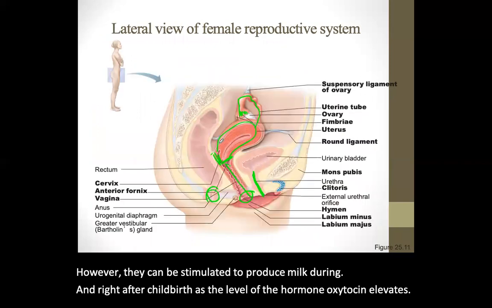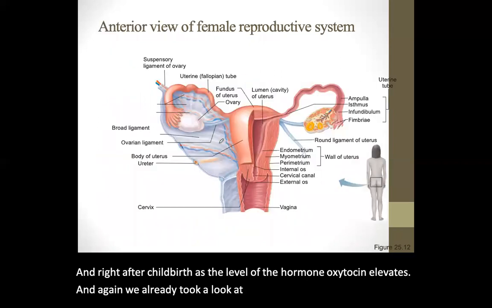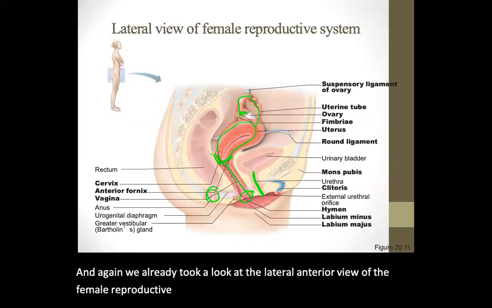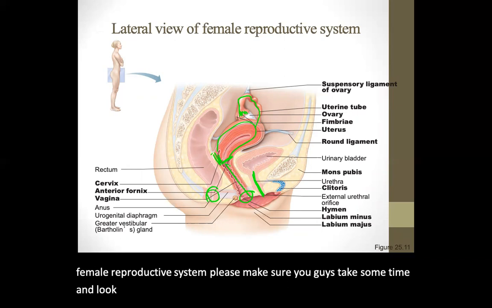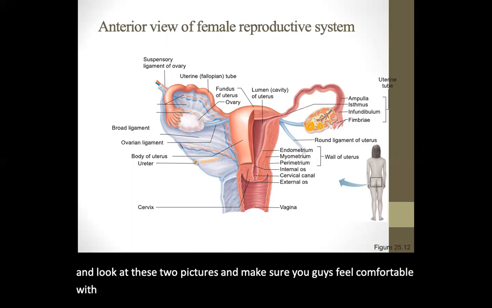And again, we already took a look at the lateral and anterior view of the female reproductive system. Please make sure you guys take some time and look at these two pictures. Make sure you guys feel comfortable with the layers and the structures of the uterus.